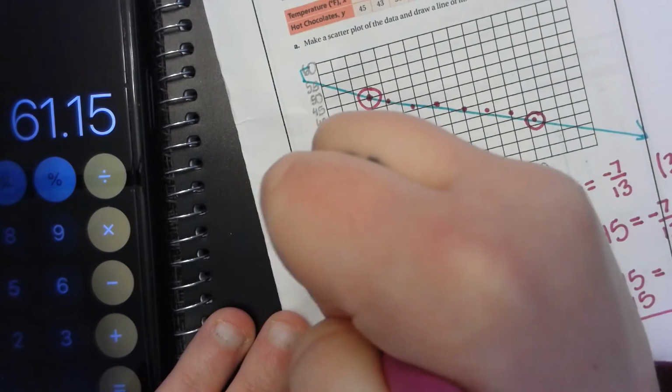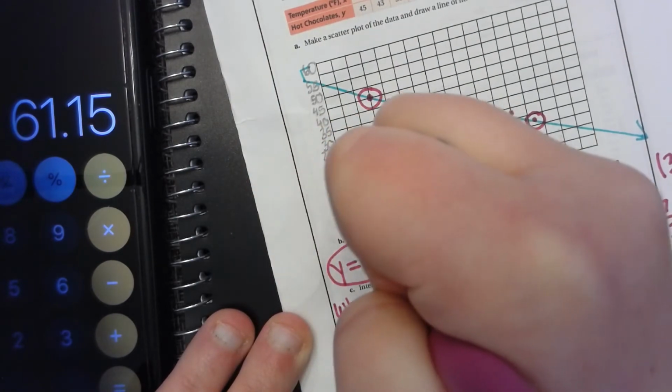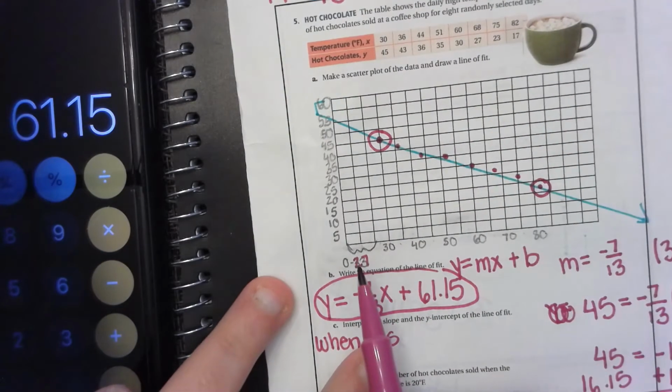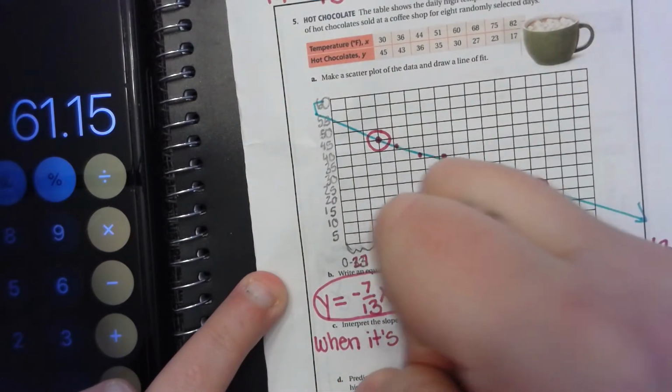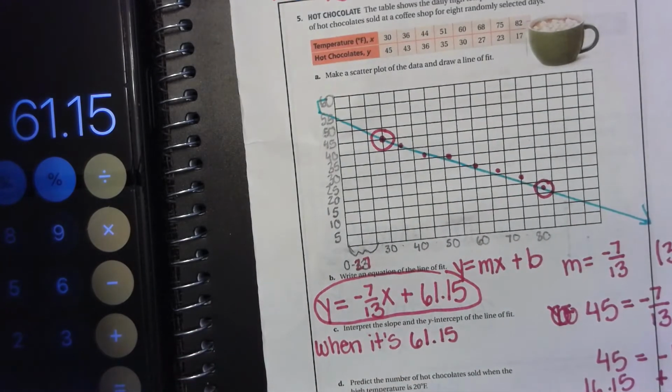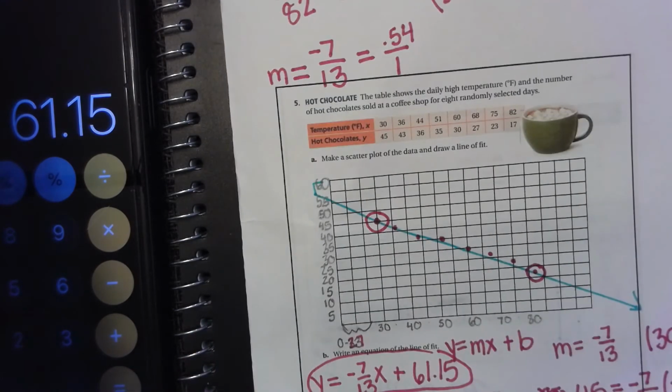So this is saying when it's 61. Oh my gosh, hold on, my y-intercept is 0.